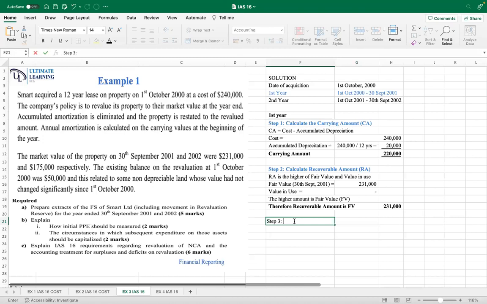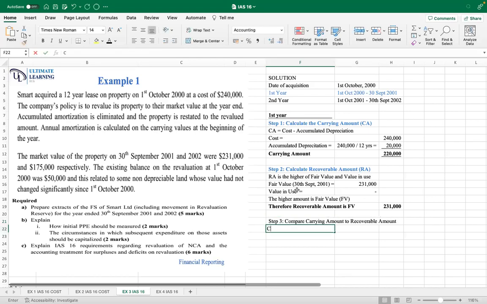Step 3. Can we type in the chat again? I want us to participate as we wind up. Thank you. Step 3 is compare carrying amount to recoverable amount.